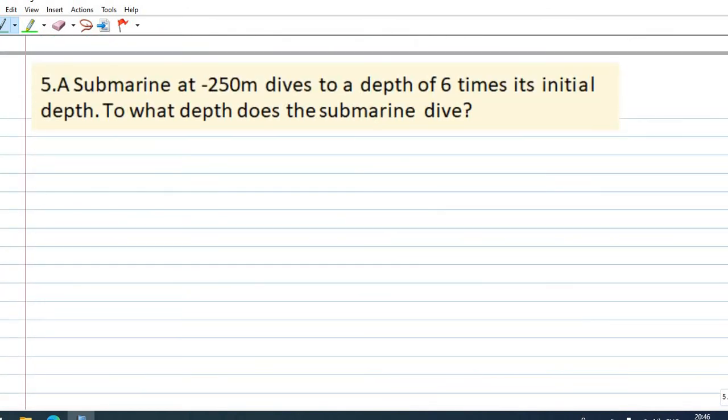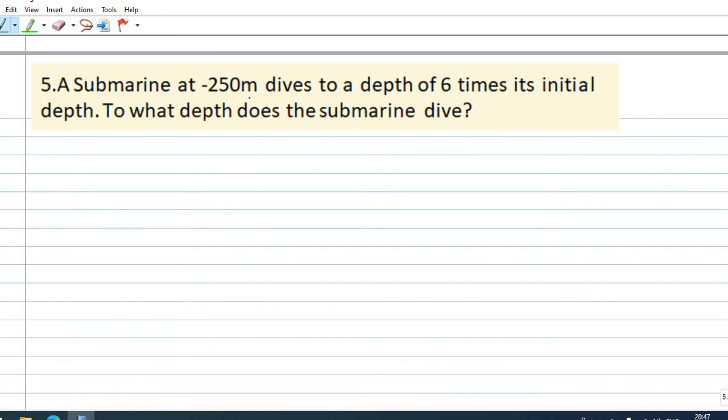See what we have seen for the first sum, submarine. Already I have said what submarine means. Floating ship. So a submarine at minus 250 meter dives to a depth of 6 times its initial depth. So the depth of the submarine before diving is what?